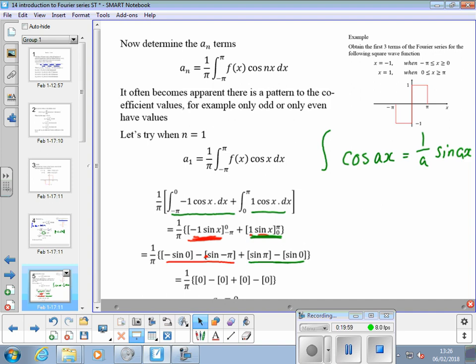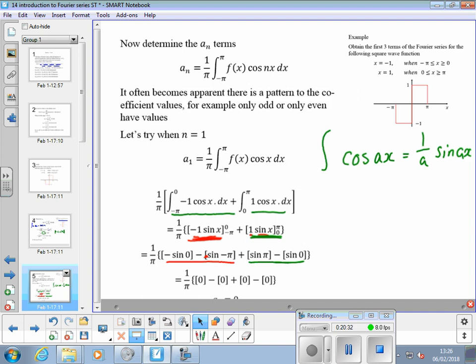Zero. Plus the sine of pi, nothing, minus the sine of 0, nothing. In other words, all of that is 1 over pi times nothing. There is no A1 term.